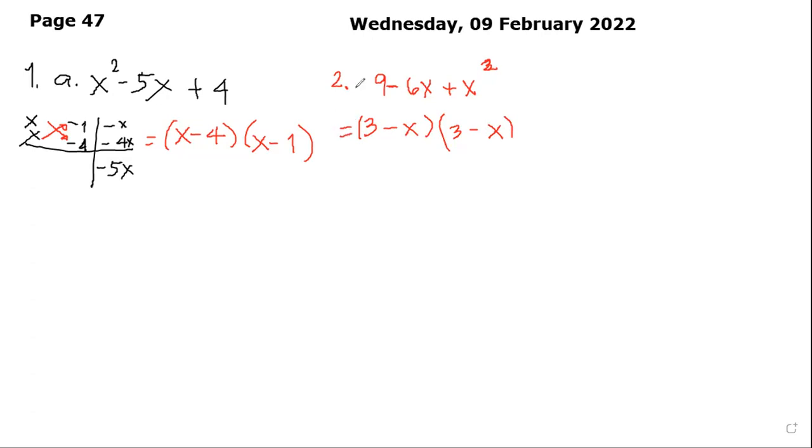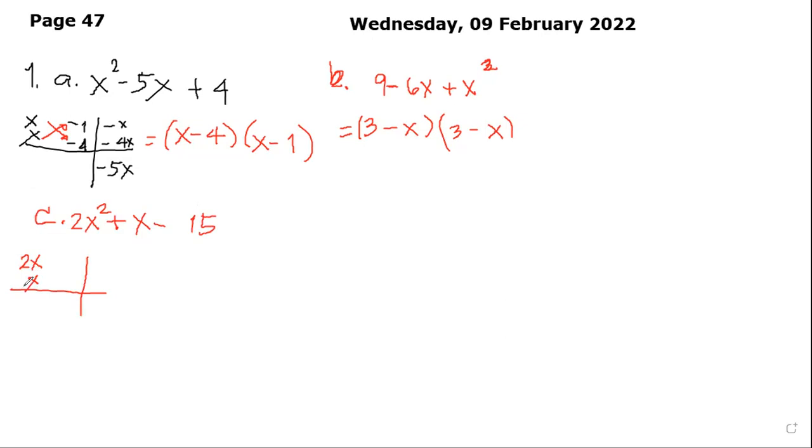This is letter B. Letter C. All right, we will answer all as fast as we can. We have 1 minute, 20 seconds. Letter C, 2x squared plus x minus 15. So 2x squared, you have there 2x and x.